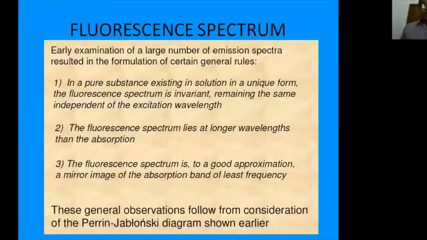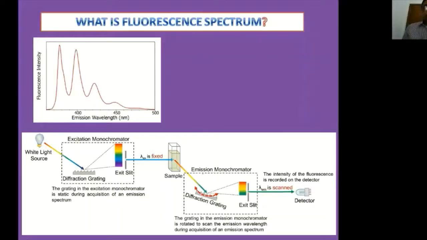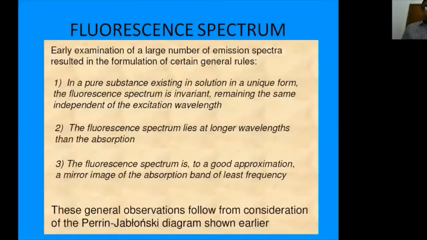Now, you look at the fluorescence spectrum. Fluorescence spectrum is excitation wavelength independent. The fluorescence spectrum lies at lower energy than the absorption spectrum. As a good approximation, you can say that there is a mirror image relationship between the absorption and the emission.